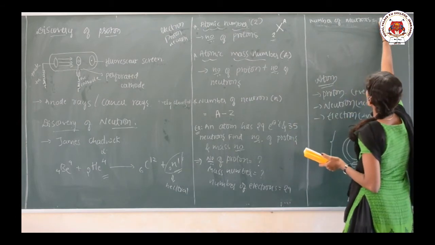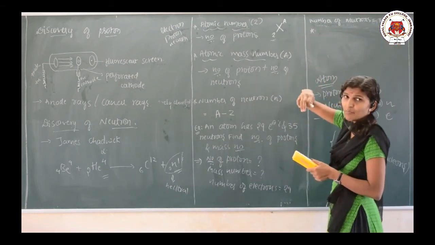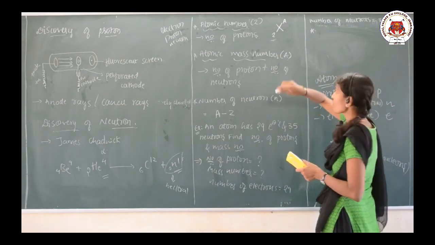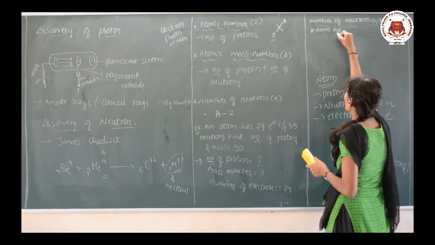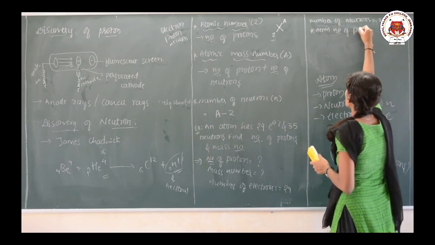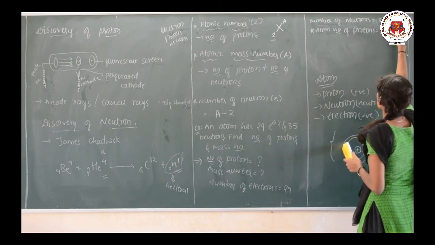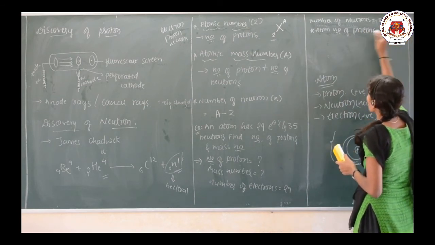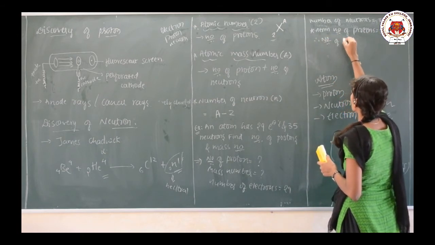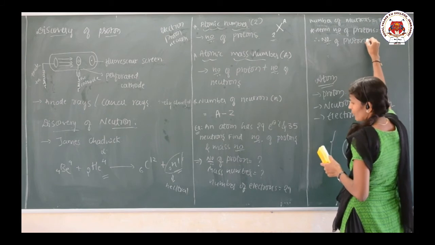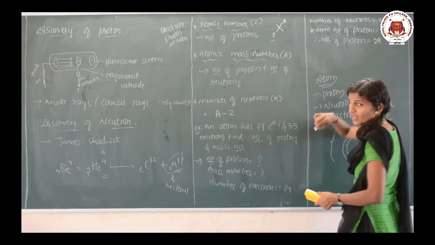Number of neutrons is 35. So you know that in any atom the number of protons and number of electrons are the same. In any atom, number of protons equals number of electrons. Therefore, number of protons is equal to number of electrons, meaning 29 protons are there.